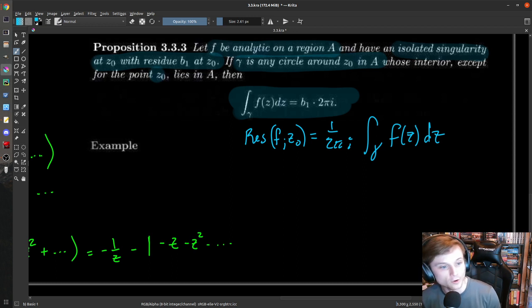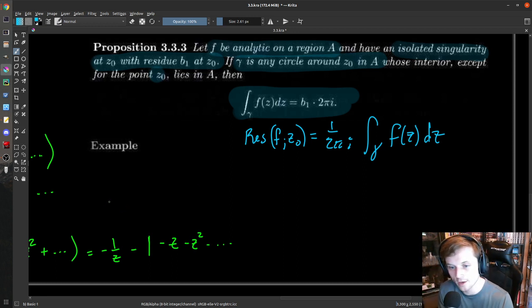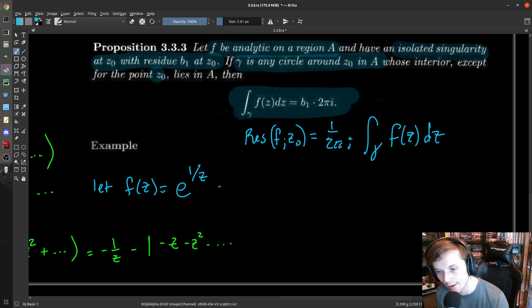And this is kind of cool. This is sort of nice. So for example, let f of z be equal to e to the 1 over z. We know how to write that out as a Laurent expansion around 0. After all, it's the exponential function, and we've just flipped the z, so z to the minus 1.